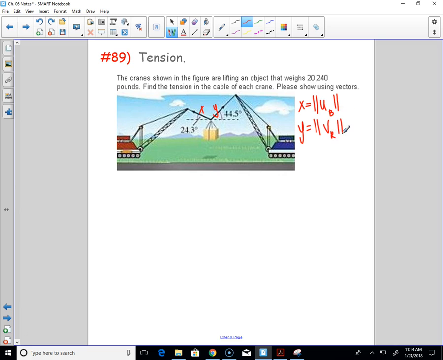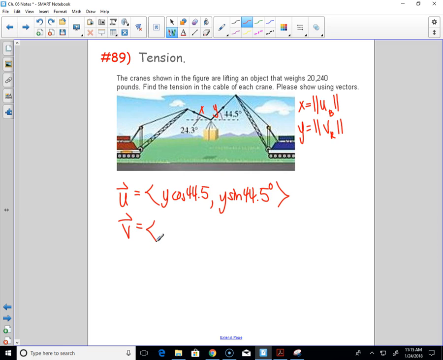I can figure out U in components by using my little formulas. I can say, okay, U is the blue crane, so I'm going to make that Y times cosine of 44.5 and Y times sine of 44.5. I don't know the magnitude, but I can write it. Using similar logic, what do you guys think I'm going to do for V, which is the red crane?